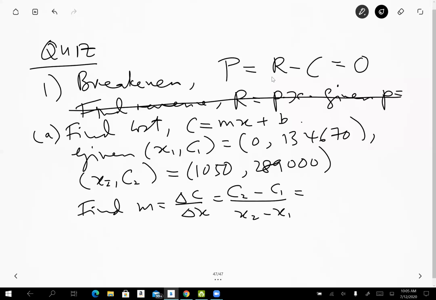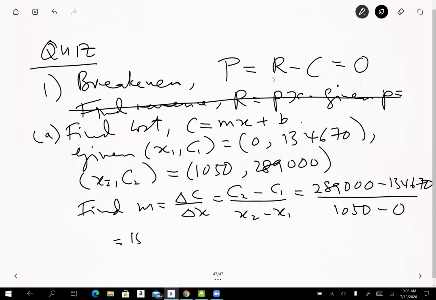That will be equal to 289,000 minus 134,670 divided by 1050 minus 0. You work it out, that will equal 154,330 divided by 1050, equal to 146.98. So that is M.